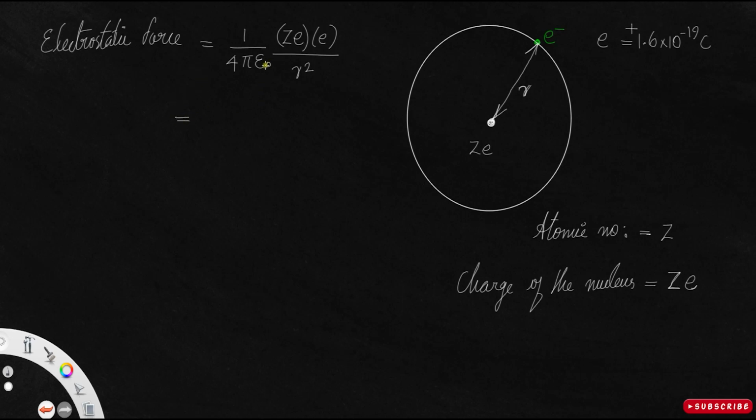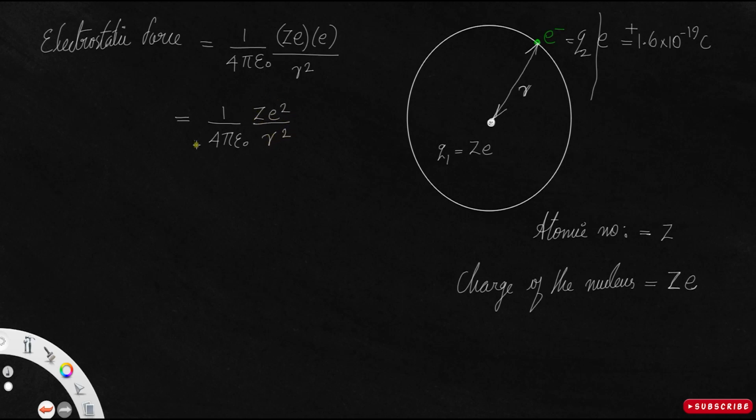So on simplifying this, Coulomb's law is 1 by 4 pi epsilon 0, Q1 Q2 by the square of the distance between the charges. Here this one is Q1 and this is Q2. On simplifying, you will get 1 by 4 pi epsilon 0, Ze square divided by r square.